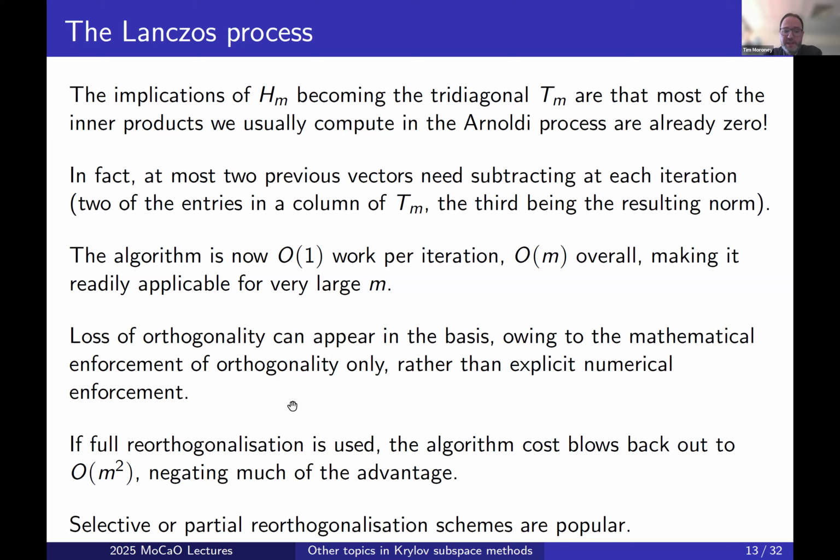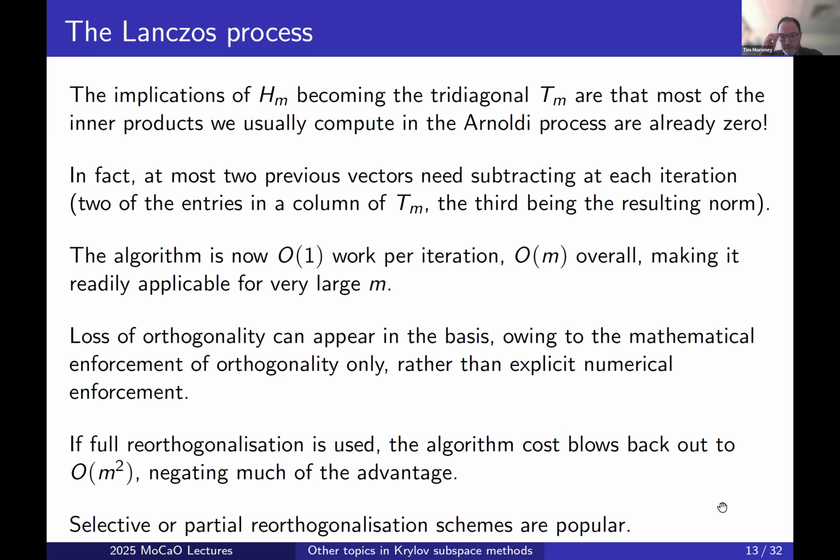But the moral of the story is you really don't want full reorthogonalization, even though that would absolutely recover the orthonormality of your full basis, because that just blows the cost right back out to order m squared, okay, which negates much of the advantage. So there are these selective or partial reorthogonalization schemes that are quite popular. And essentially people just know what to expect.